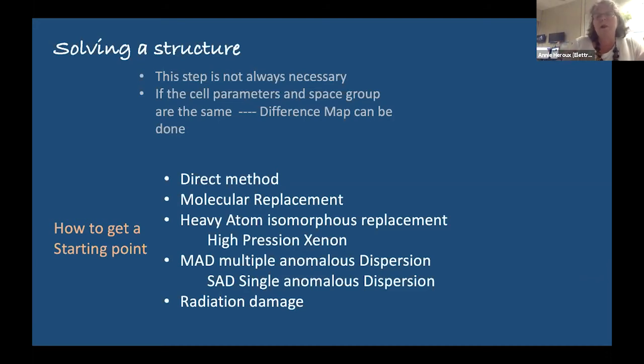We have molecular replacement, heavy atom isomorphous replacement. I mean, you have a whole choice of doing this. And some of them require that you modify your crystal, so you start back at the beginning. Now you have diffraction, you can do different things. So how do we get the map?